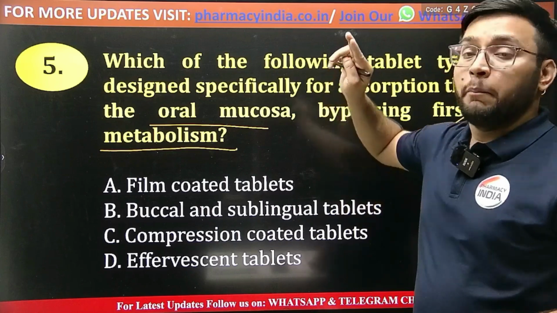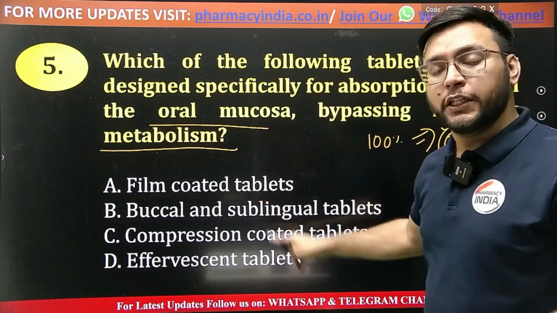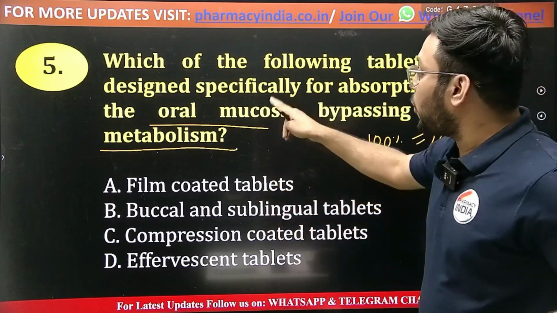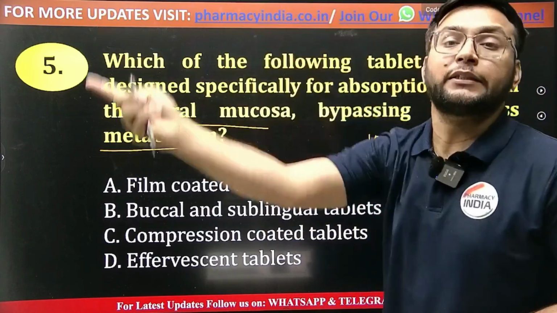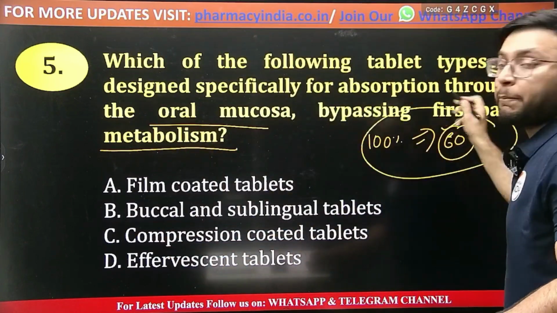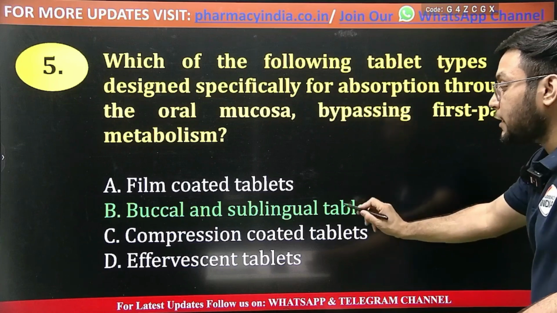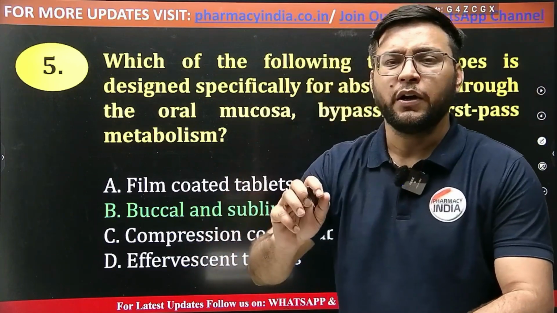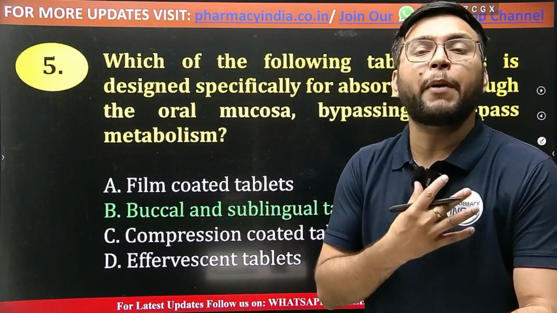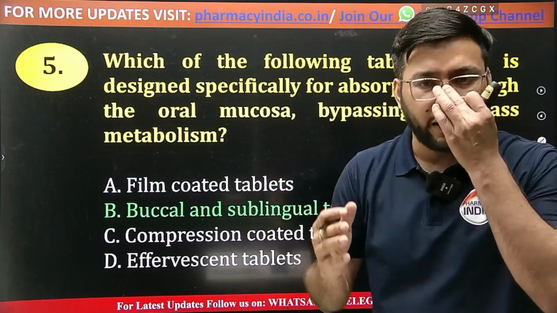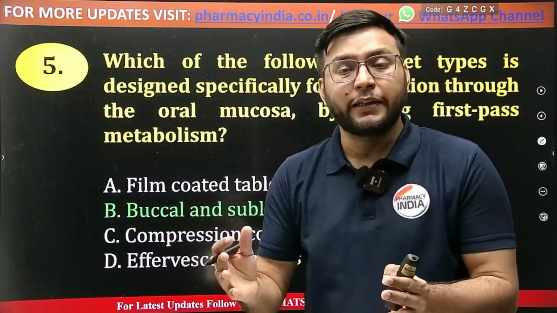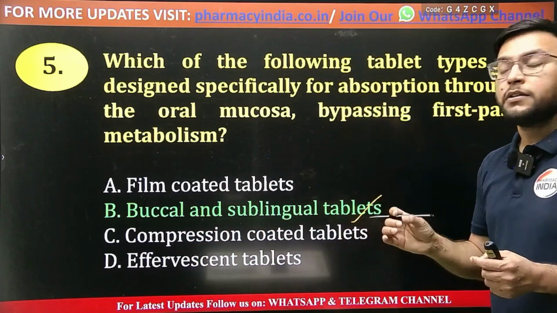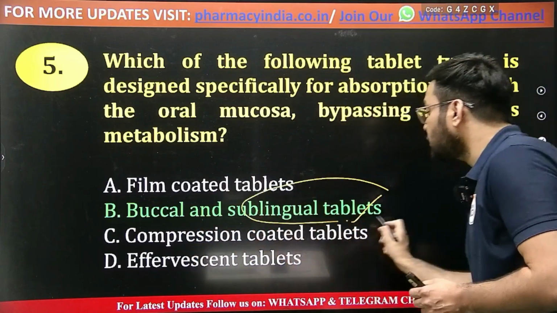So that is first pass metabolism. But mainly we have to tell which type of tablet is for the oral mucosa and will bypass it. The answer is buccal and sublingual tablet. As you have many times observed, when someone is having a panic attack, what we give is a sublingual tablet.